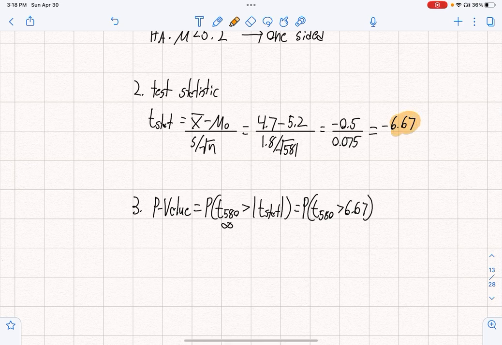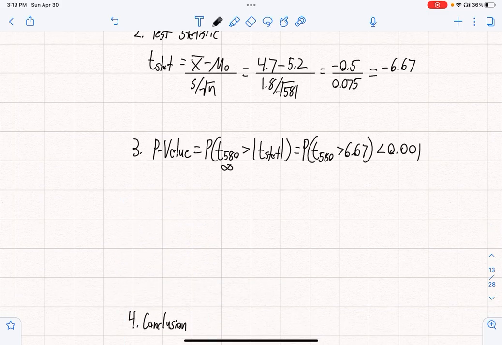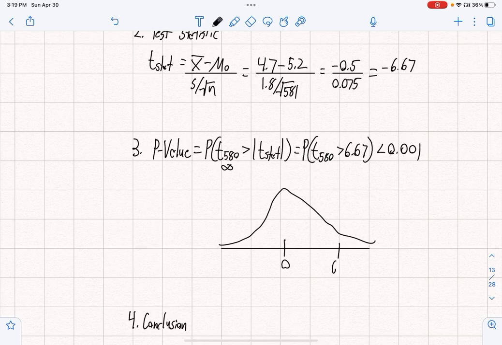You can't find 6.67 on the table, so we can just assume that this is highly significant, so 0.001. Actually, if I can draw a picture real quick, sorry, this is so ugly, but if we had 6.67, this area right here is 0.001.